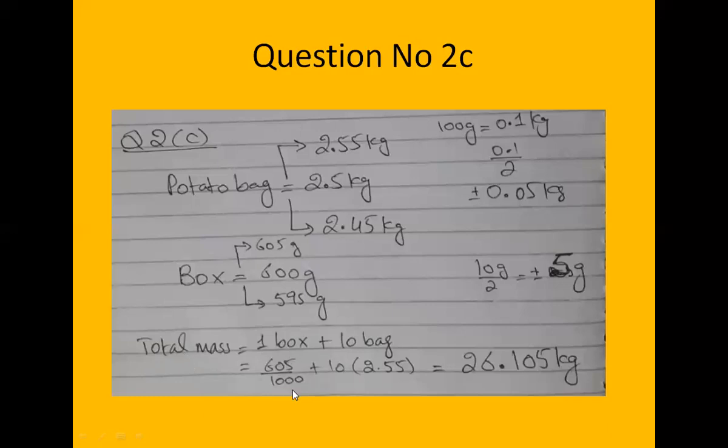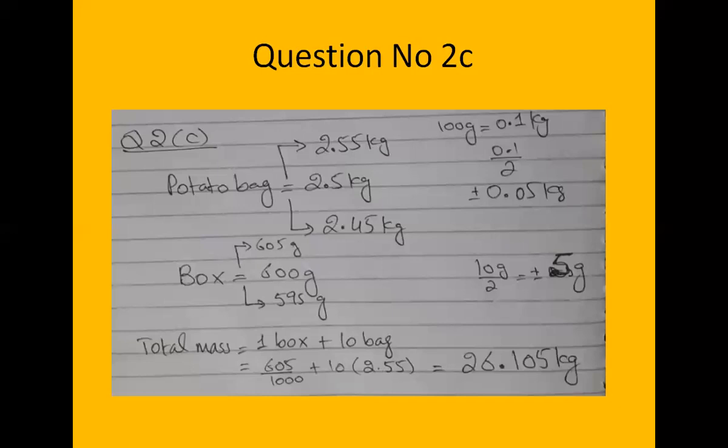So here I will write 605 divided by 1000. I have taken the upper bound of the mass of the box. But because this is in gram and this is in kg, I divided by 1000 to convert it into kg, plus 10 times the potato bag, its upper bound is 2.55. Because we are going to put 10 bags in that box, I will write 10 multiply 2.55.